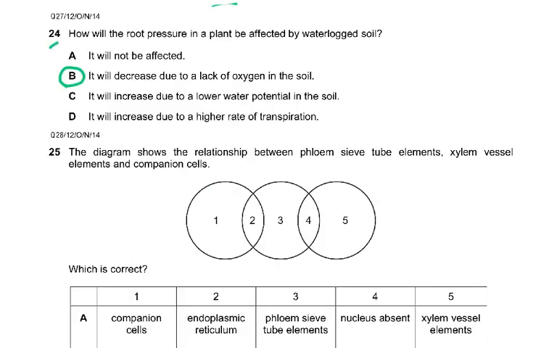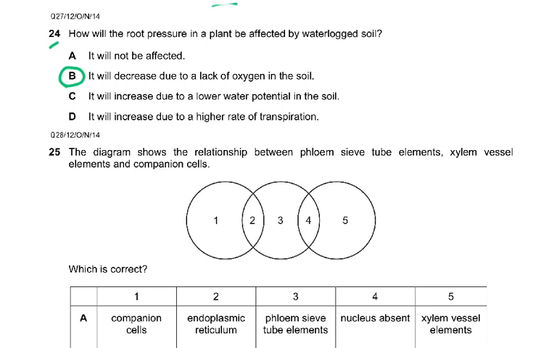24. How will the root pressure in a plant be affected by waterlogged soils? Waterlogged soil means there's a lot of standing water, and there are no air spaces in the soil. If you look at the exam report, it says in order for root pressure to form, cells surrounding the xylem actively secrete mineral ions into the xylem.